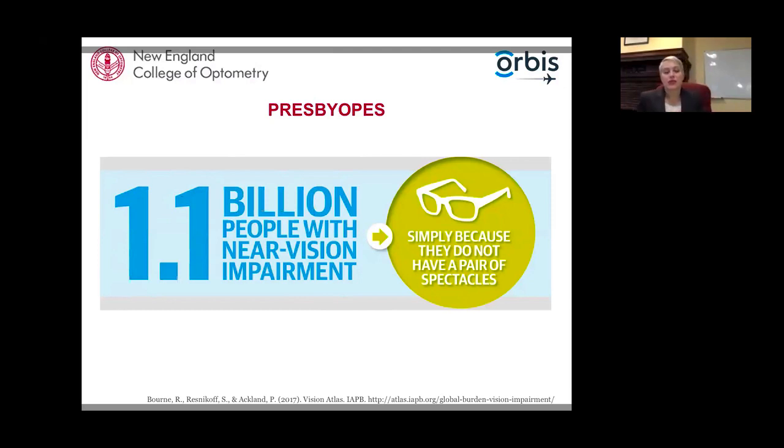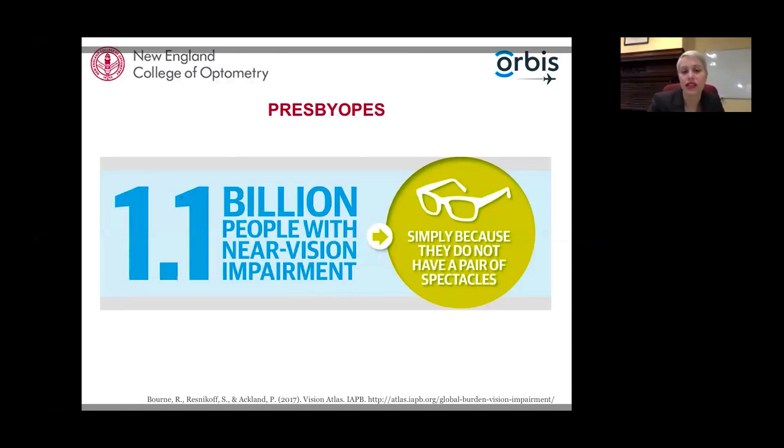Taking those individuals out of work early. So like that Bangladeshi potter there, if she didn't have that pair of reading glasses, her production would significantly decrease, and she's going to end up working a lot less as a result. Sometimes presbyopia is a condition that the individual is unaware of as well, that they're unaware that it can be solved by glasses.